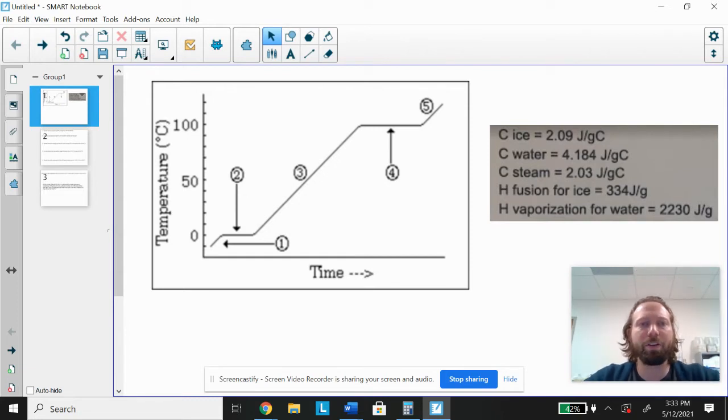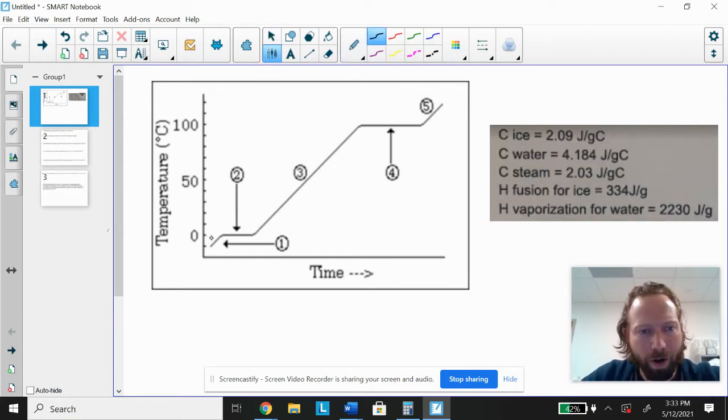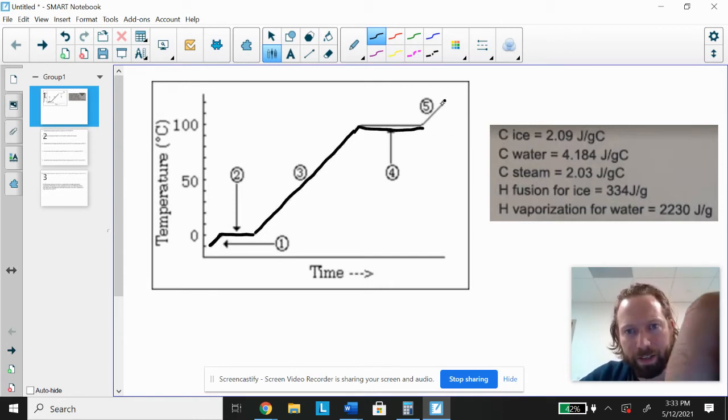So each of these are their own separate parts here, and as it changes direction, different things are happening at these changes of direction.